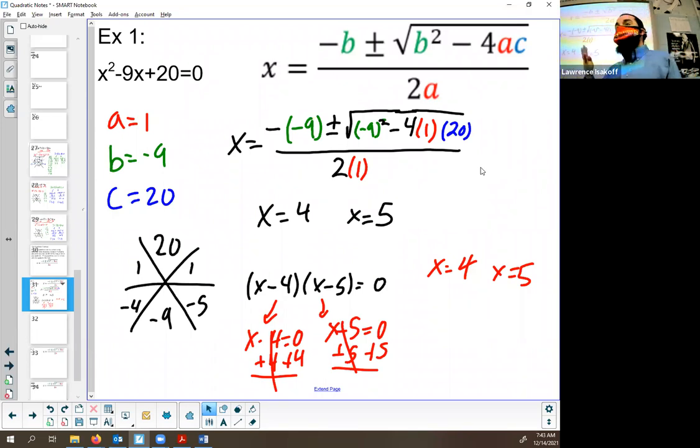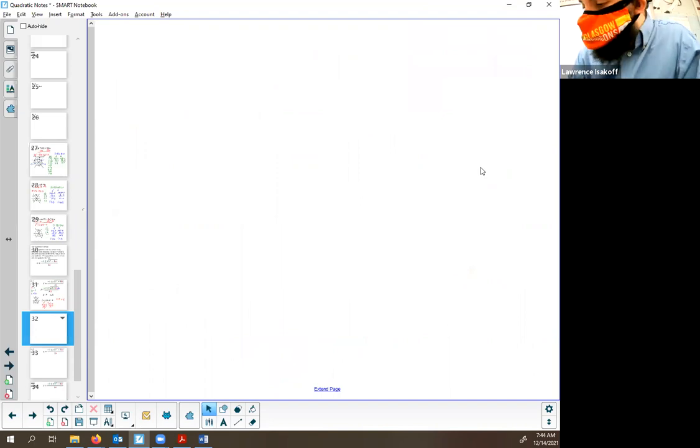I have 4 problems for you to solve on the quiz. 3 of them you could utilize factoring, but if you want to use the quadratic formula on them, you're welcome to. Looks like we got this example down.